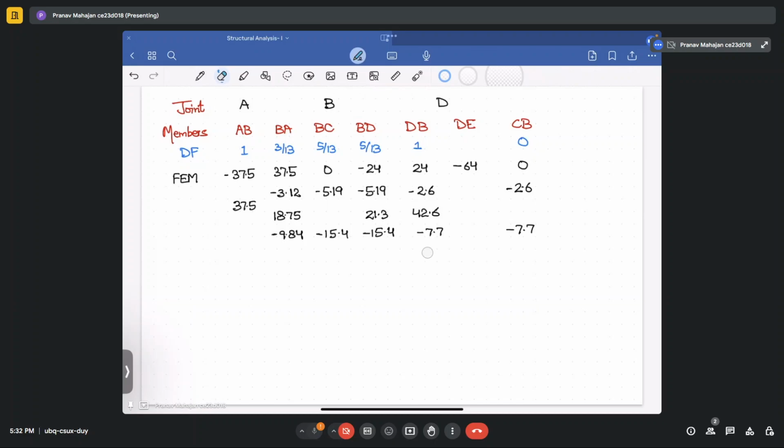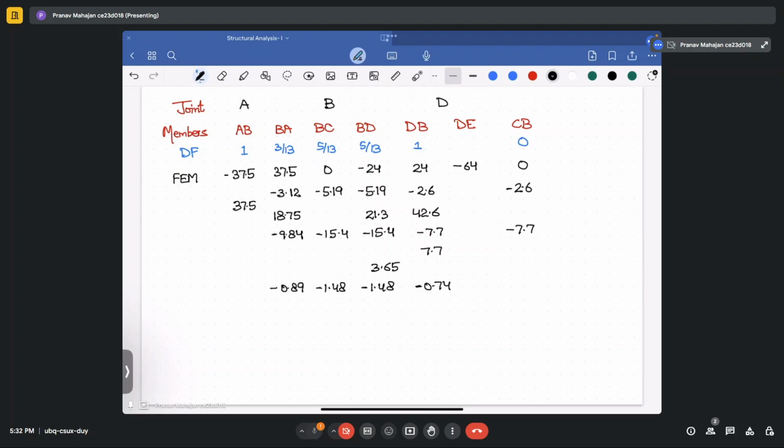Now this 7.7 is then added as positive 7.7, and then it will be carried forward as 3.65, and then again it will be distributed as minus 0.89, minus 1.48, minus 1.48, and minus 0.74.